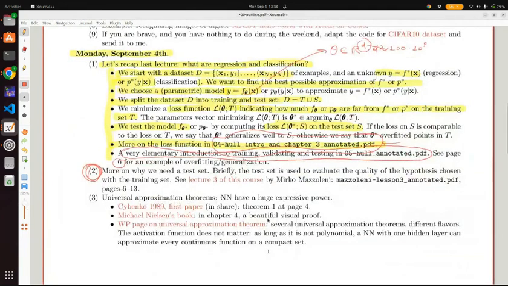And number 2 is done. Now, let's get back to neural networks. Remember, neural networks are computational graphs, parametric functions given by that picture that I explained on Friday.